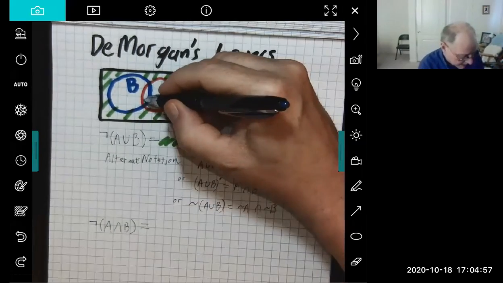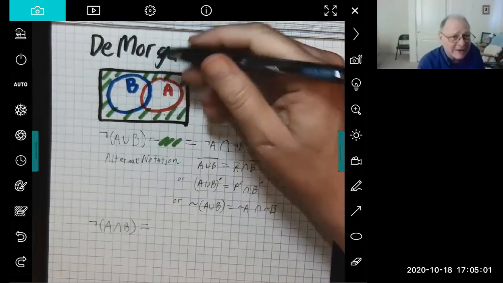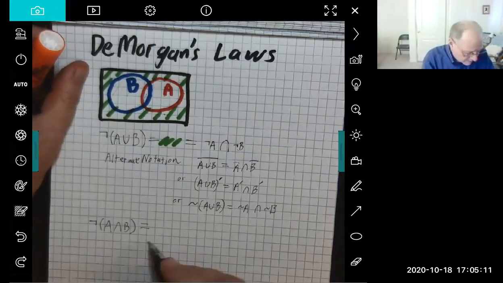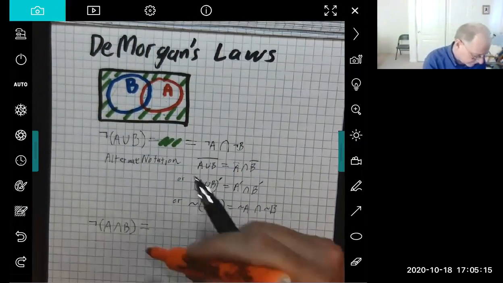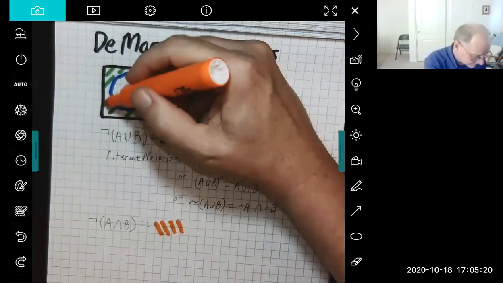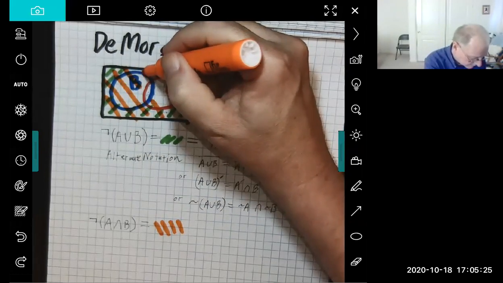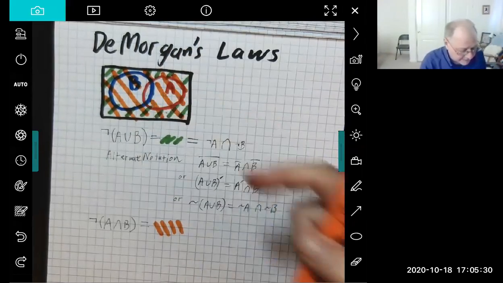A intersect B is the event that the outcome belongs to A and it also belongs to B. It's both things. So what's the complement of that? Just everything that's not in the little football. So we're going to shade that up here. Got to be careful to avoid that little football in the middle. That part's left out.